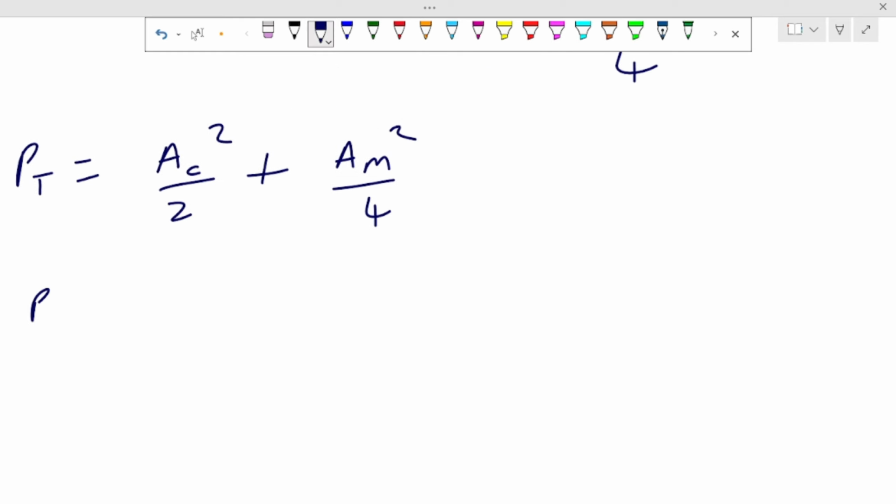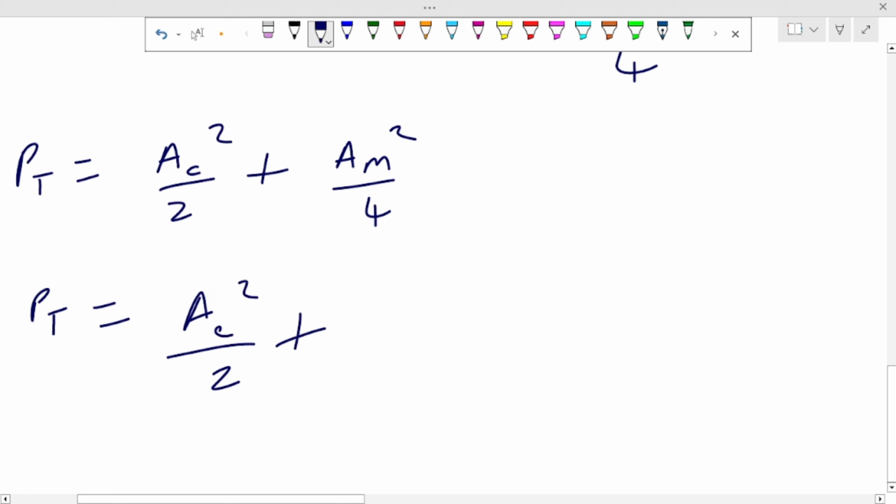That will now give us PT equals AC squared over 2 plus ACM all squared all over 4.